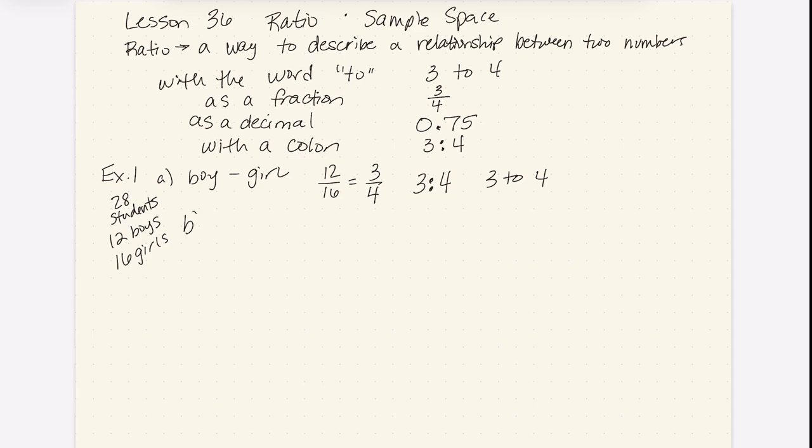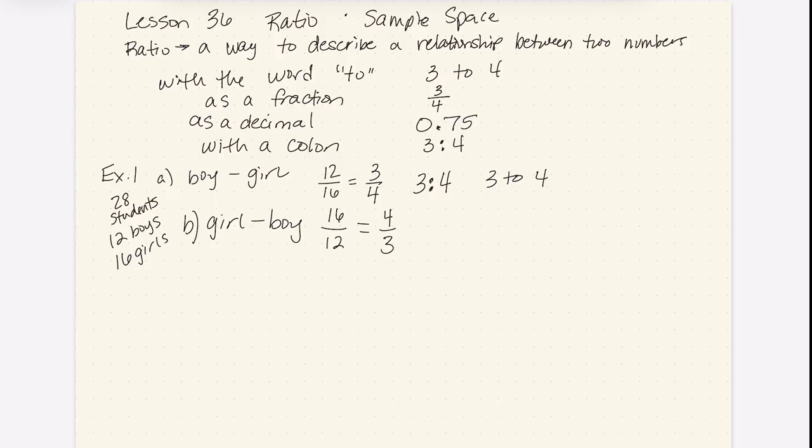So now it wants to know what the girl to boy ratio is. In this, it's 16 girls to 12 boys, which we're going to reduce down to 4 over 3. Now here's where I'm going to caution you. You never write these as a mixed number. Because it is a ratio, you're going to leave it as an improper fraction.